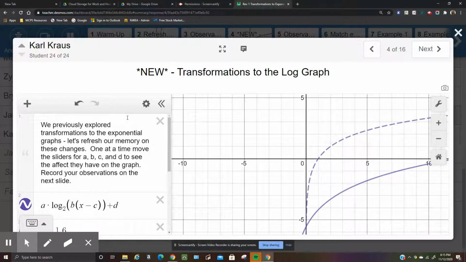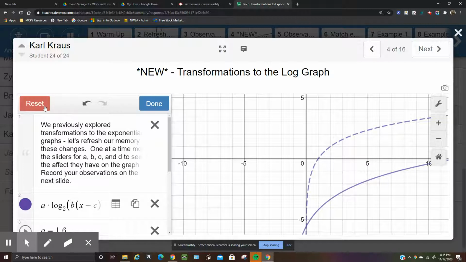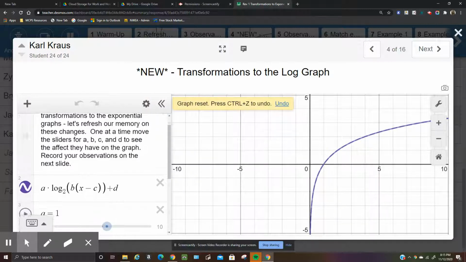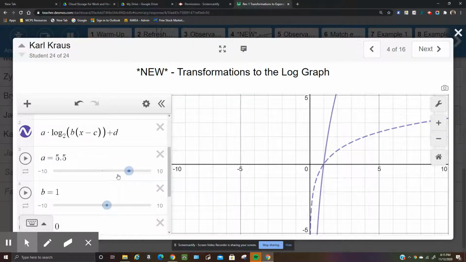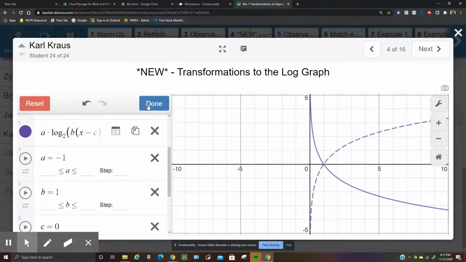So the same thing here. Let's reset this to the original. And then A is dilation with respect to x-axis, or vertical dilation. A is negative, reflected over the x-axis, or vertical reflection.